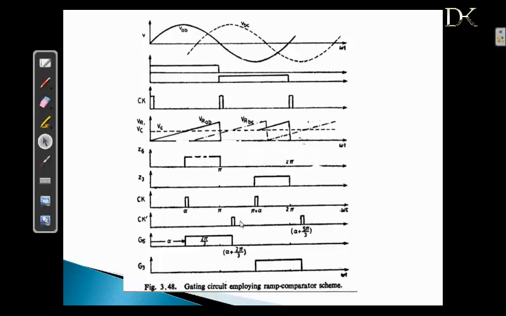The flip-flops producing the pulses G6 and G3 are cleared by another channel where the line voltage VBC, which lags behind the voltage VAB by 120 degrees. Pulses G6 and G3 are 120 degrees wide each and therefore satisfy the gating requirement. These are produced at the firing angle alpha with reference to voltages VAB and VBA.